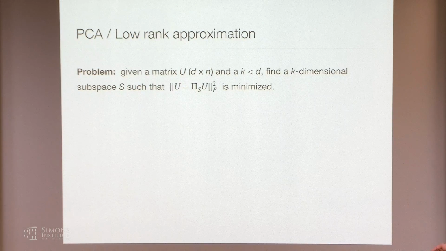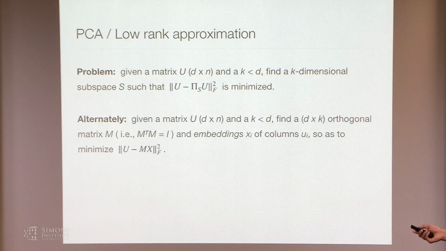We can also phrase this as the following. For every column of U, you want to produce an embedding, which is a vector in a much smaller dimensional space, R^k, and I'll call this embedding of U_i as X_i.